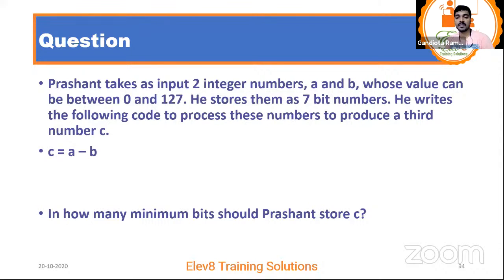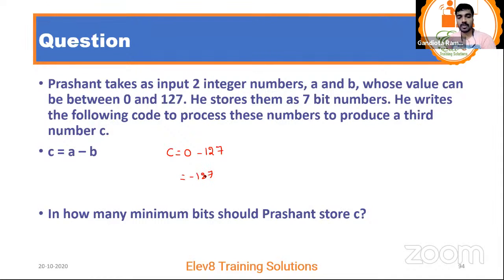He stores them as 7 bit numbers. So how many bits minimum does the function need to store the C value? Normally C would be 7 bits, 0 to 127, but C equal to 0 minus 127 is possible. A value is 0 and B value is 127, so I get 0 minus 127.